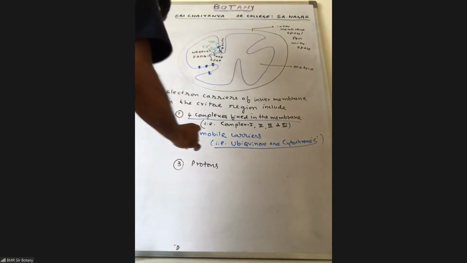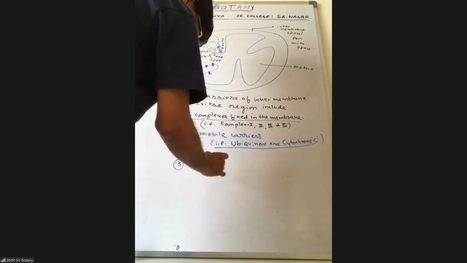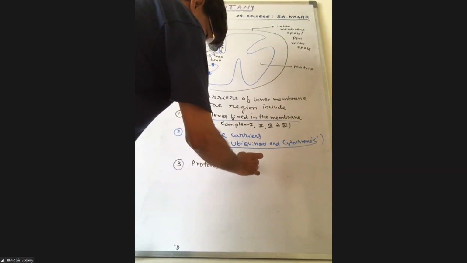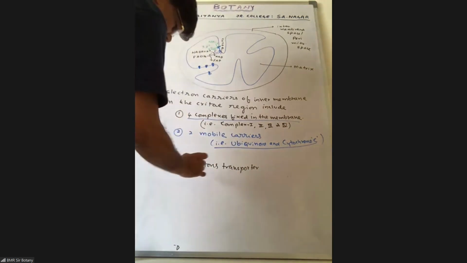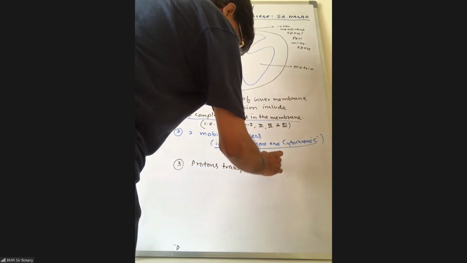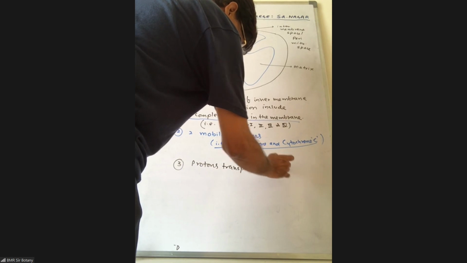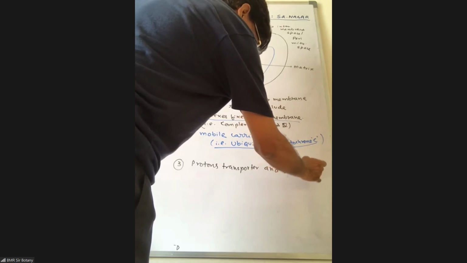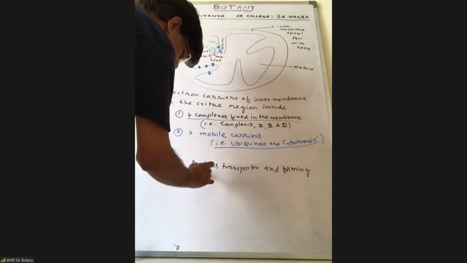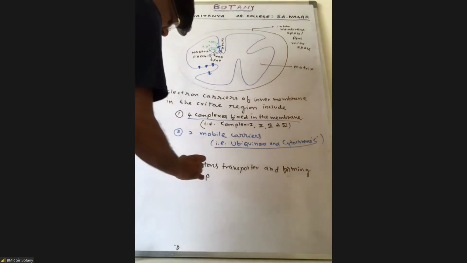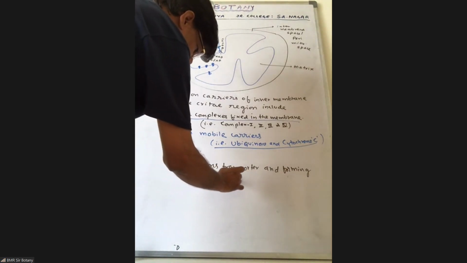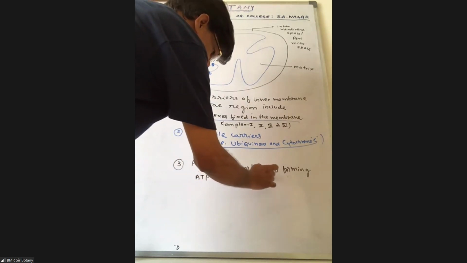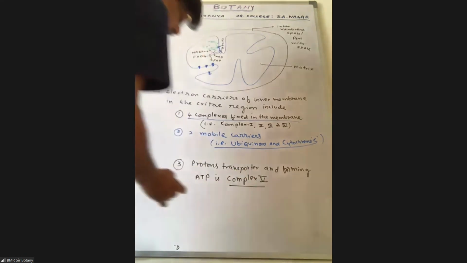Protons transporter, causing channeling of protons and forming ATPs, is complex 5, which has nothing to do with electron transport.